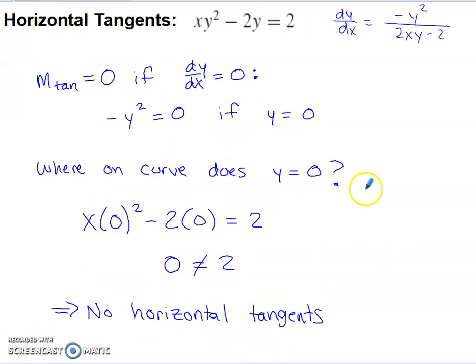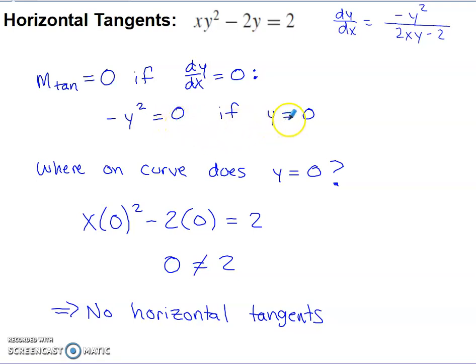If you think about it, horizontal tangent lines are going to have a slope of 0. A tangent line will have a slope of 0 if the derivative has a value of 0. This fraction is only ever going to take on a value of 0 if the top of the fraction is 0 while the bottom of the fraction is not 0. So I set the top of the fraction equal to 0.